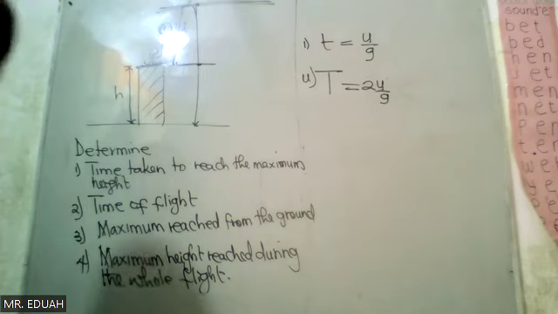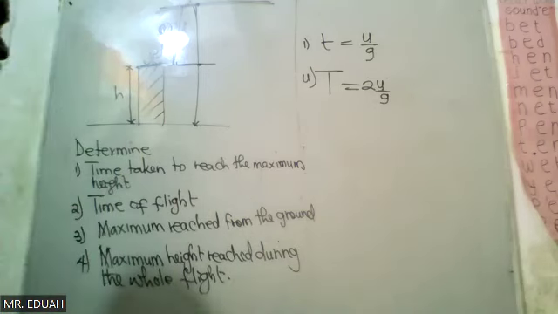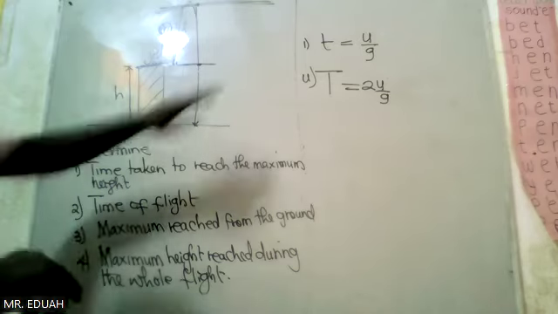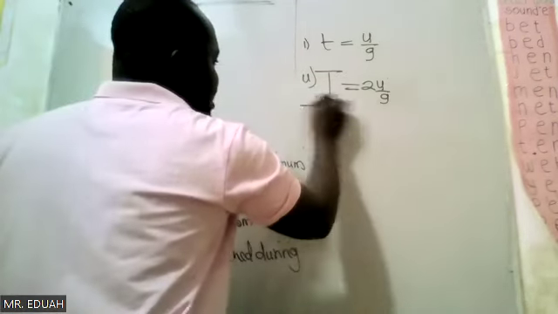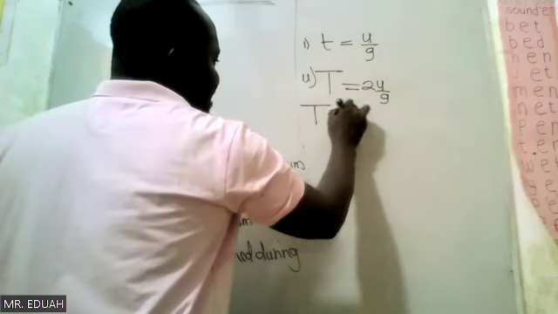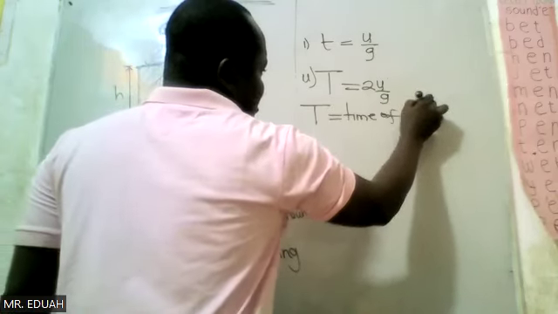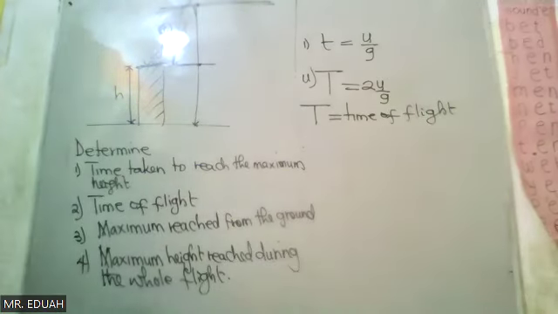We have 2 times. Gabby, your hand is up. Sir, please, I don't understand how you got the capital T. Oh, capital T is the time of flight. Sir, is that the symbol denoted for time of flight?